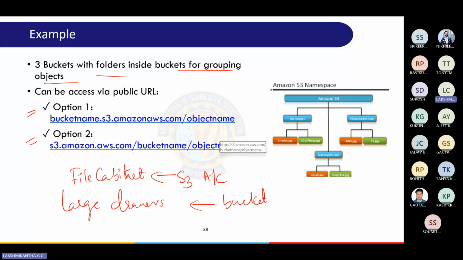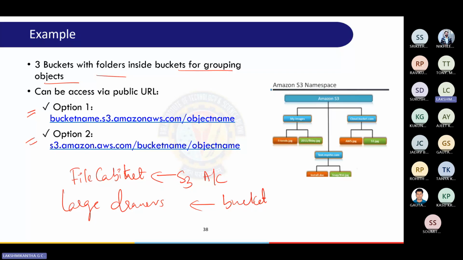This is one way of accessing it. And the second way of accessing it is virtual hosted style. Okay, virtual hosted style, s3.amazon.aws.com/bucket name/object name. Guys, this HTTP access makes S3 a perfect target for web applications and a universal source for your big data compute clusters.